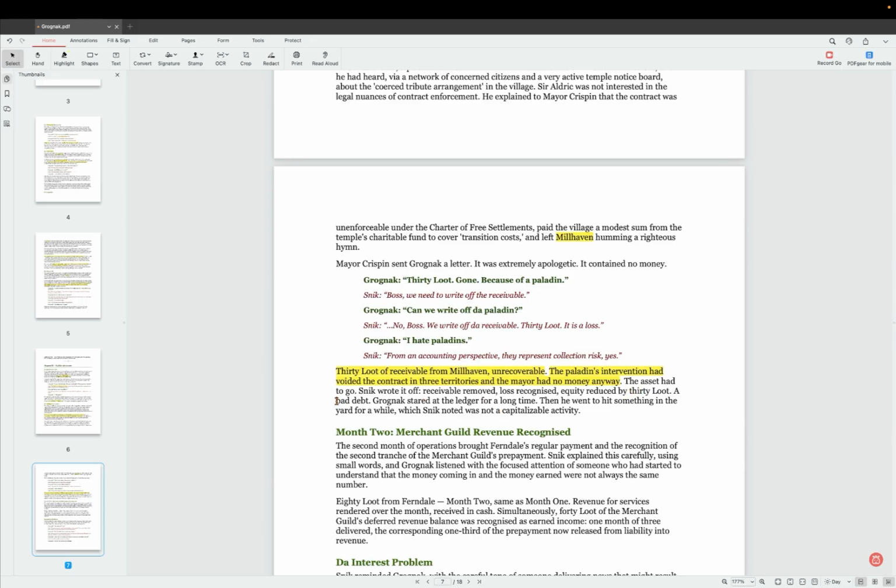The asset is gone. The asset had to go: written off, receivable removed, loss recognized. Equity is reduced by 30 loot. So this represents a loss from an account that cannot be collected.